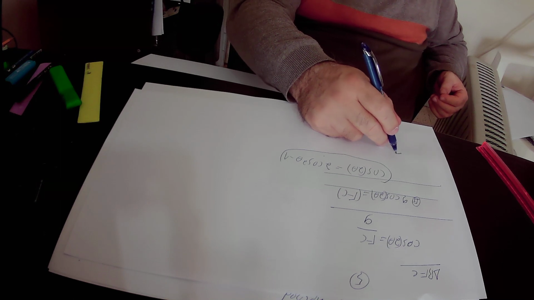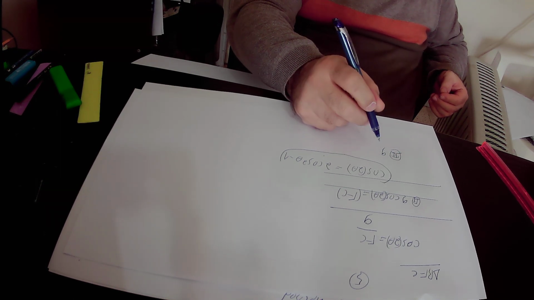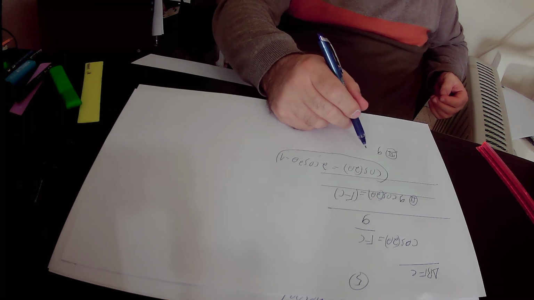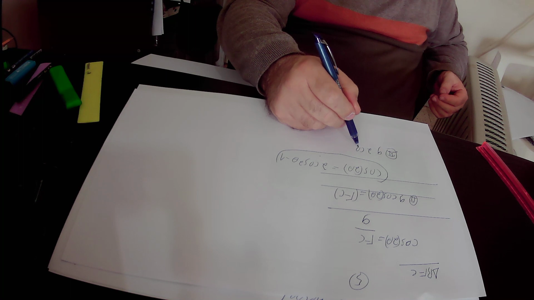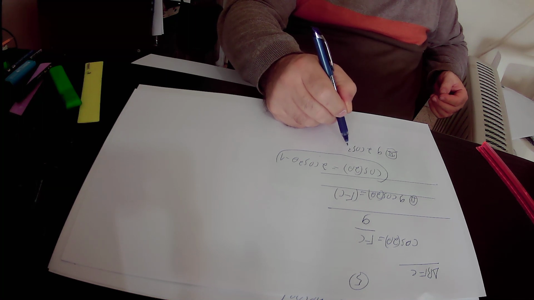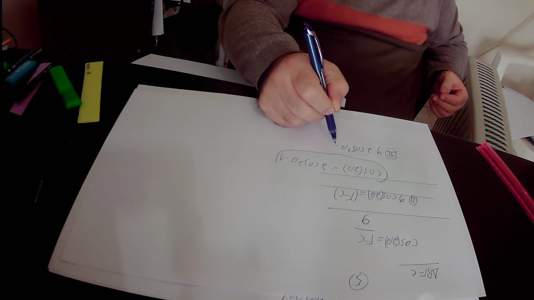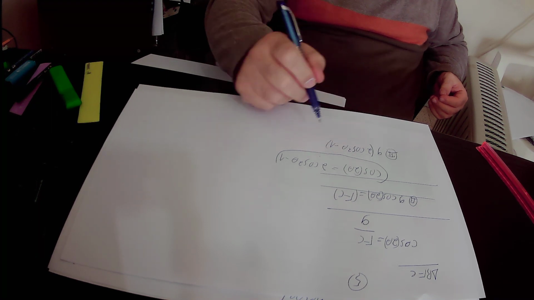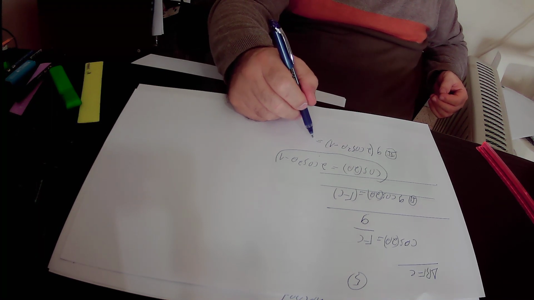So we'll do it now and we'll get that 9 times 2 cosine square theta minus 1 equals FC.